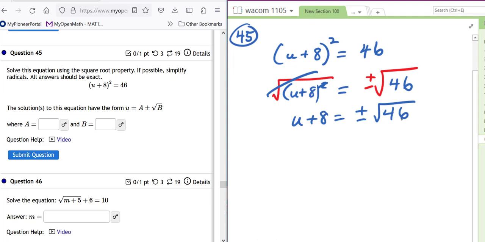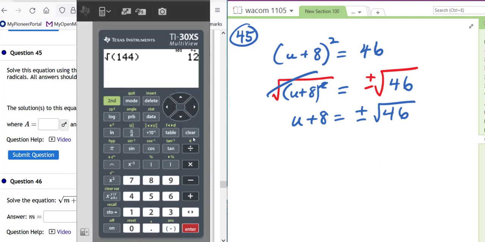Let's see if we can clean that up a little bit. We'll use our calculator. We know there's a 2 in it, so 46 divided by 2 is 23. And that's actually all you can do, because 23 is prime, 2 is prime. It doesn't go any lower.